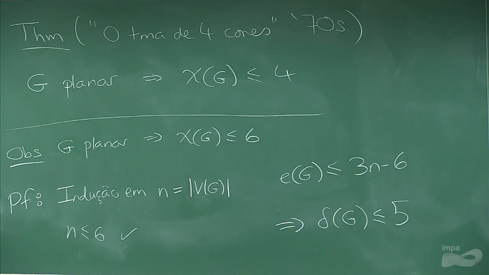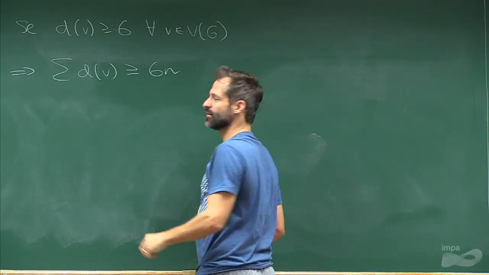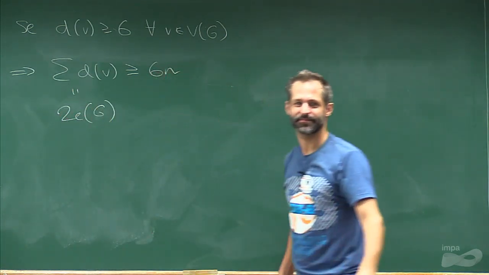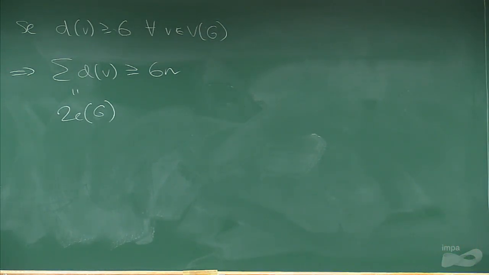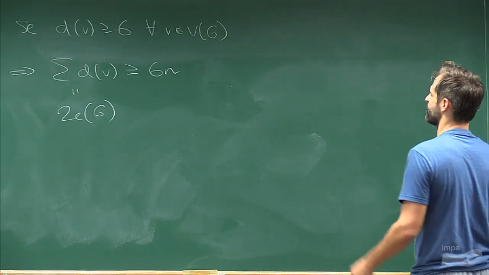Because if the degree of v is at least 6 for all v in G, then the sum of the degrees is at least 6 times n, and this equals twice the number of edges, which means the number of edges would be at least 3 times n, and it's not. Okay, so we have a vertex of degree at most 5.